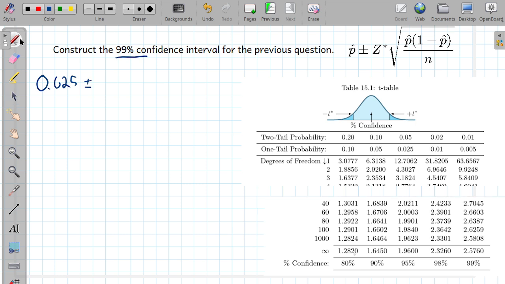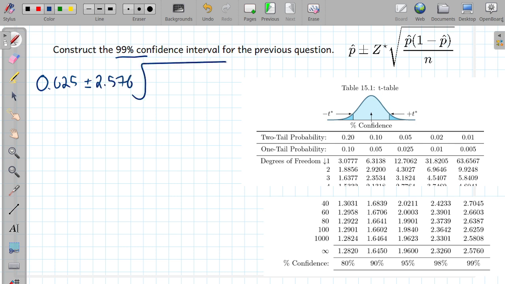Now, let's take a look at this one. So here is our, okay, I can't doodle on you. Anyway, here's 99%, and that means we need 2.576 as our multiplier. Let's put that in.